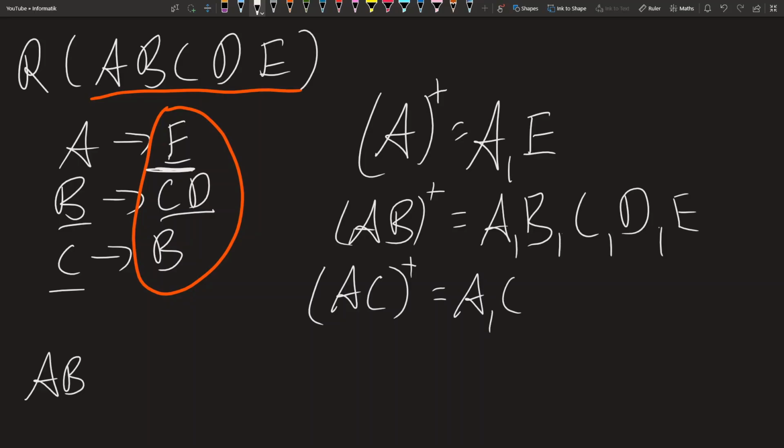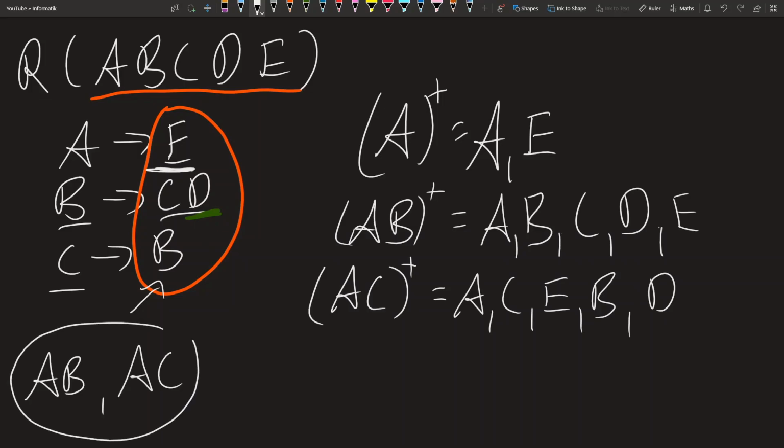And we already know from A that also E is included. So the next thing is C is determining also B. And we knew from the last example that A and B is getting everything. So we also see now that we could write everything down. So B, what is also written down there. So we have AB and we have AC as our candidate keys.